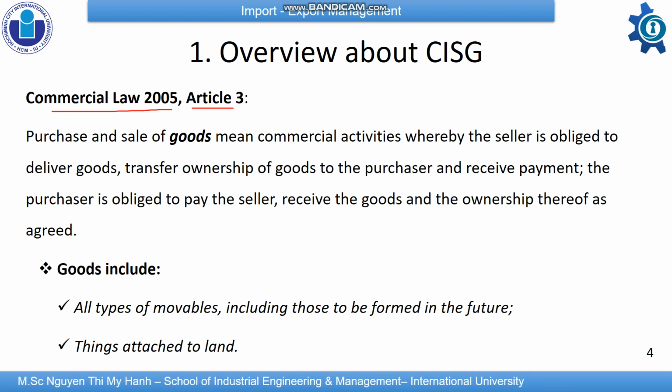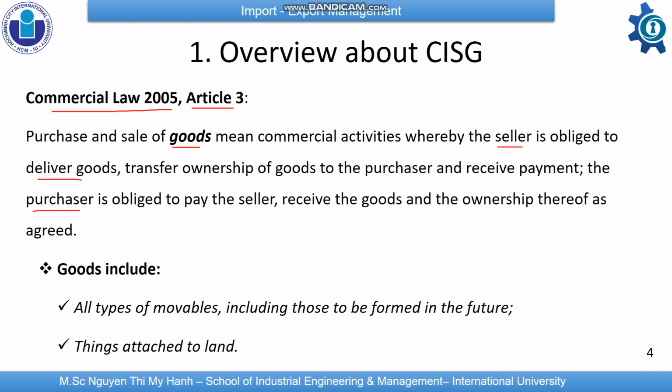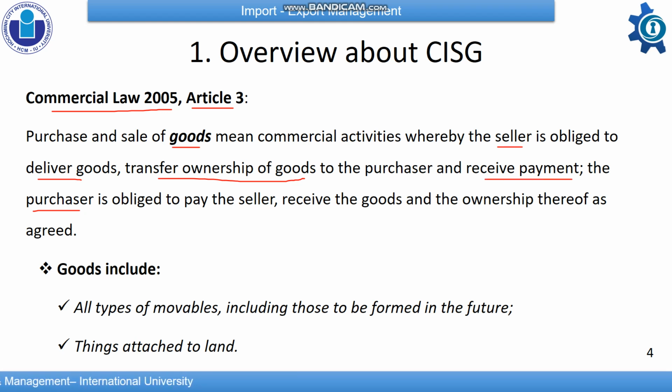They say that the purchase and sales of goods mean commercial activities whereby the seller is obliged to deliver goods. So we have two subjects, the seller and the purchaser. So the seller is obliged to deliver goods, transfer the ownership of goods to the purchaser, and receive the payment.